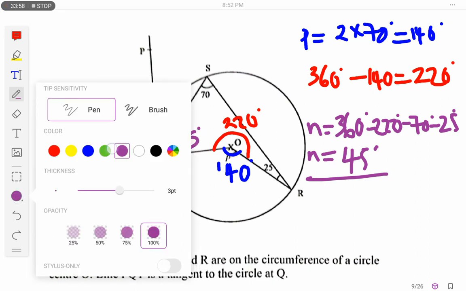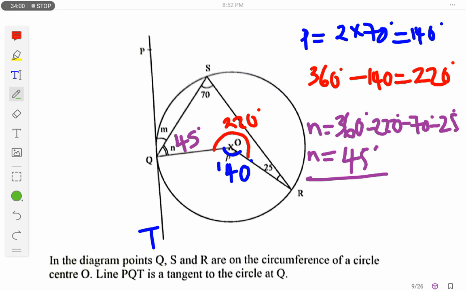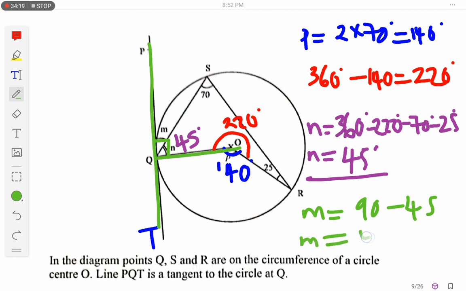Let's move on. Because of this tangent here and this radius that is going to the center, this angle here is 90 degrees. Because it's 90 degrees, I can say my m value is equal to 90 degrees minus 45 degrees of n. So my m is equal to 45 degrees.